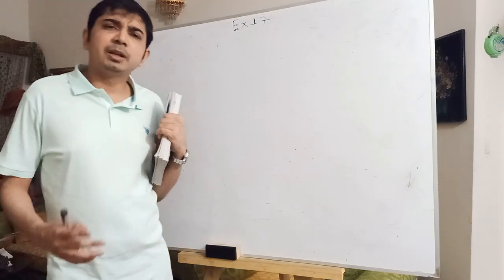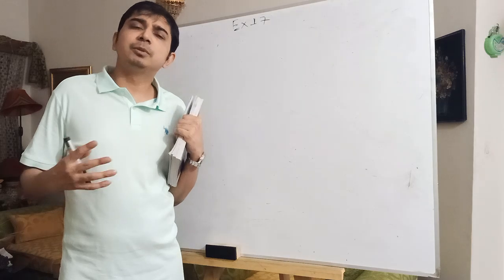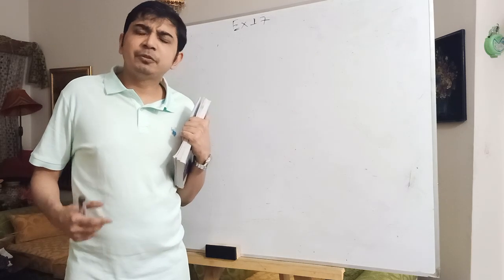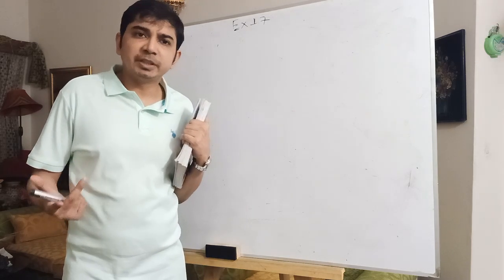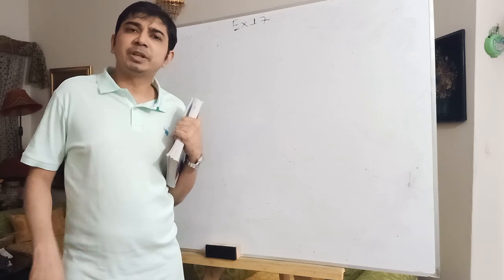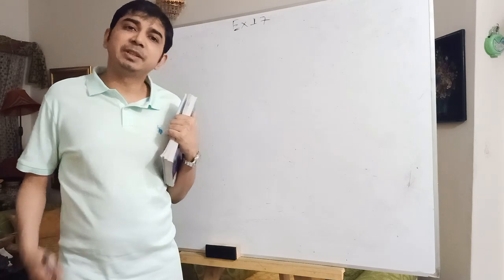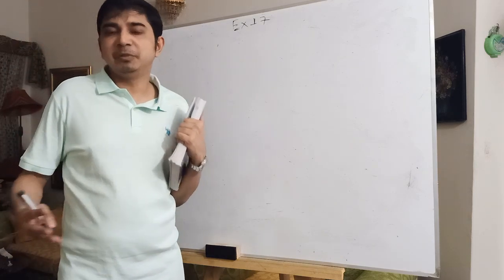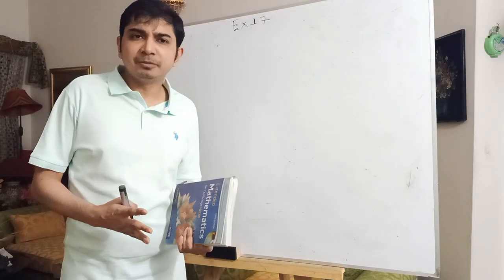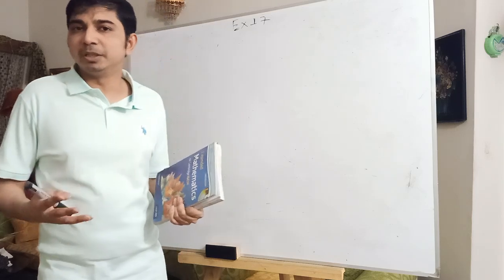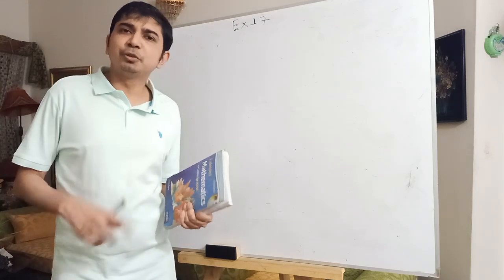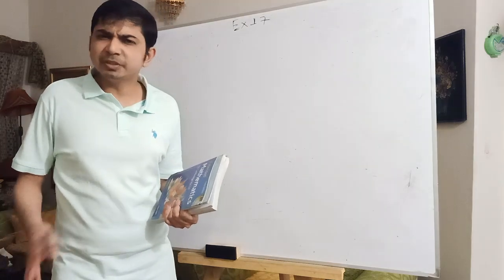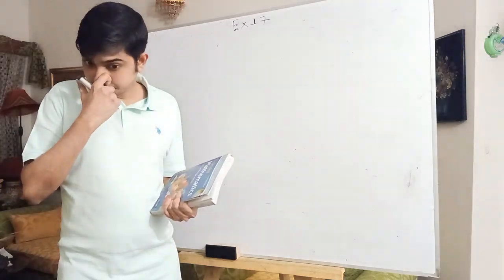If in a particular week, instead of 10 hours, you work for 20 hours, that is, you double your working hours, then the amount of money that you earn is also going to become double. At the same time, if the working hours become half, then the total amount of money that you earn in that particular week is also going to become half. So this is an example of direct proportion.